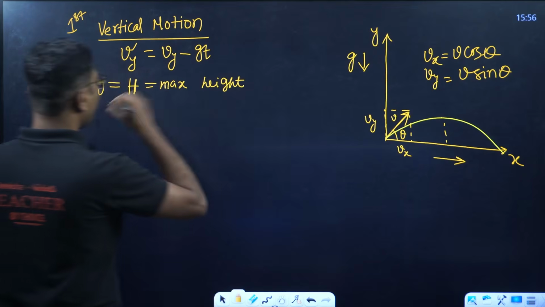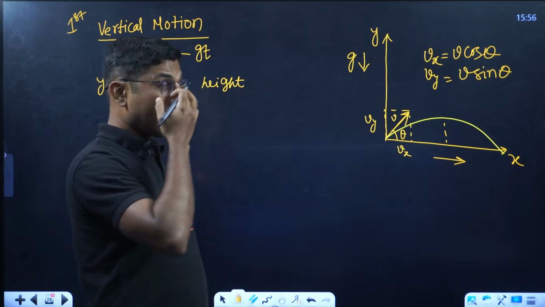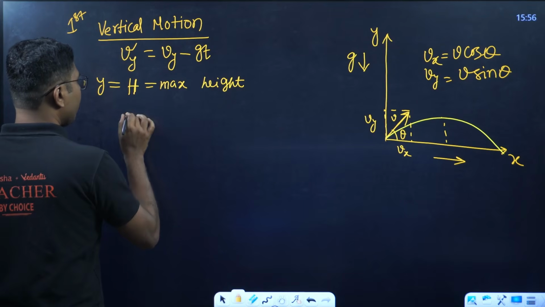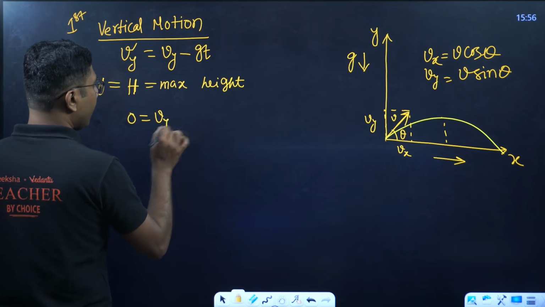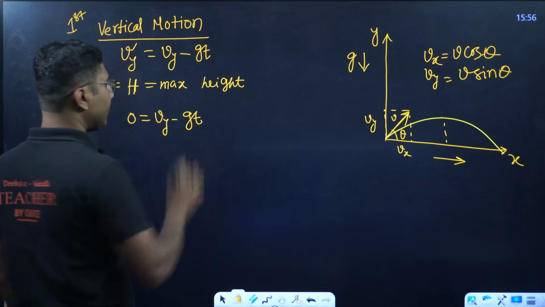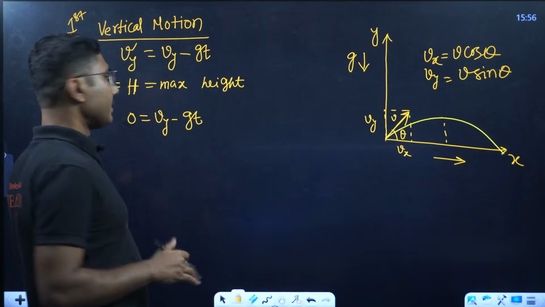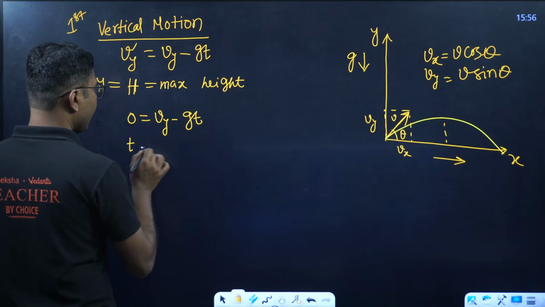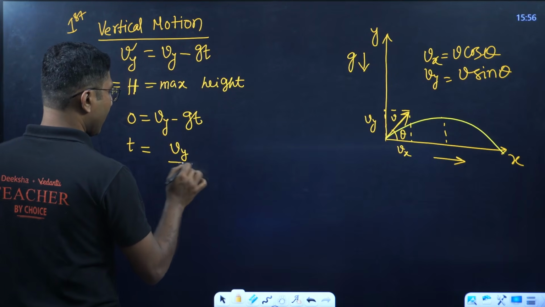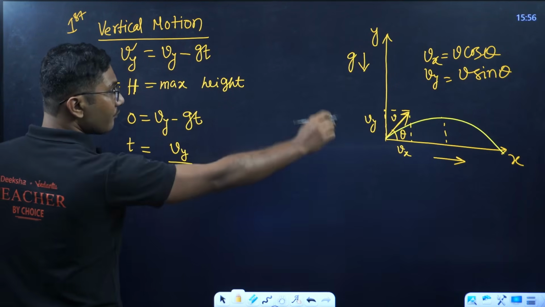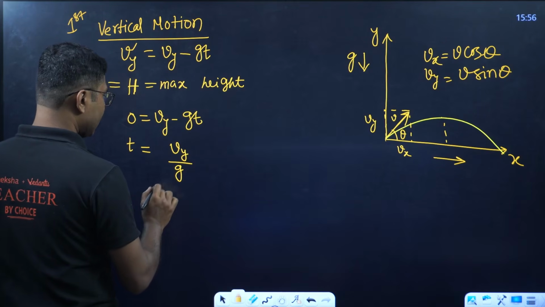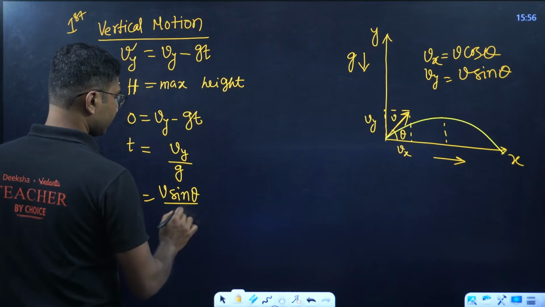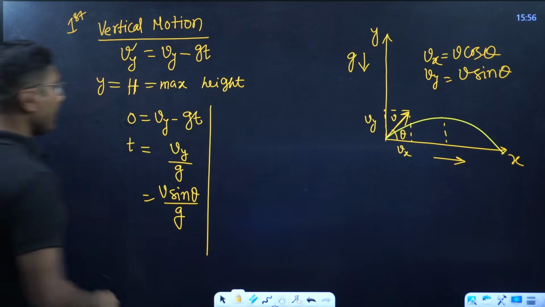When the object reaches its maximum height at this position, what happens? This v becomes 0. So we get 0 equals Vy minus gt. Or what is t over here? t is Vy by g. What is Vy? Vy is v sin theta upon g. So this is my time.